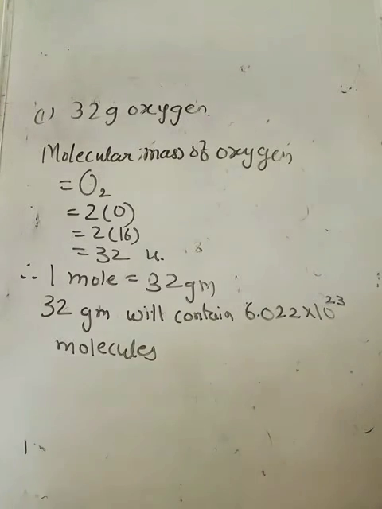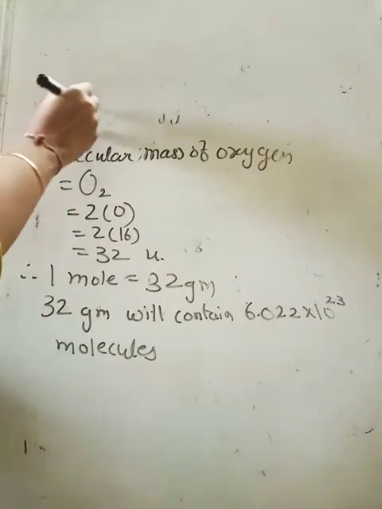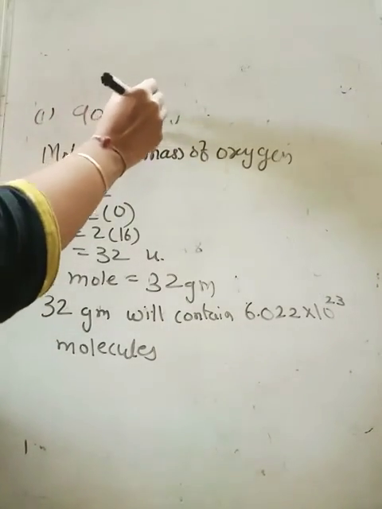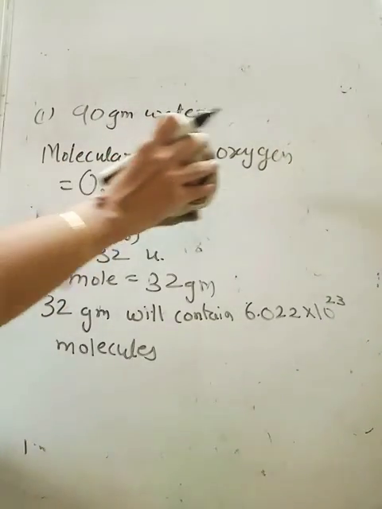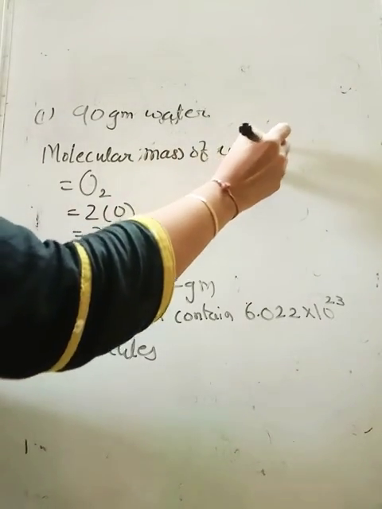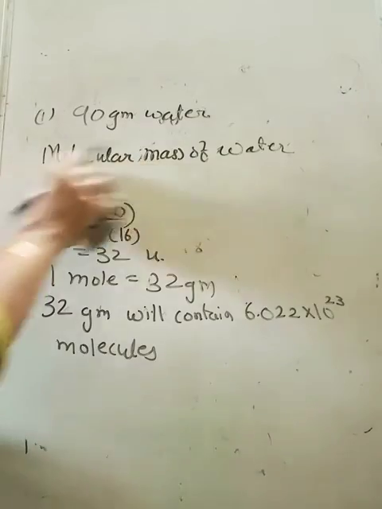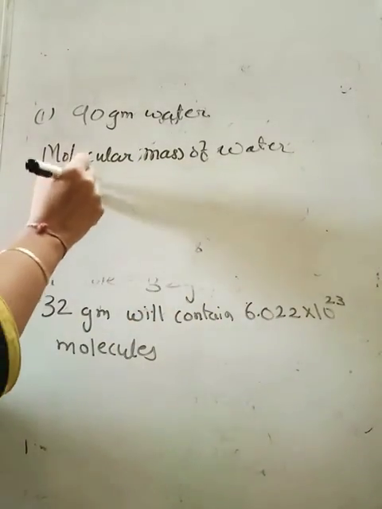Now let's go towards the second sum, and that is given as 90 grams of water. So you have 90 grams of water. So what will you do first? You will find out the molecular mass of water. What is the formula for water? Do you know? H2O. Yes.